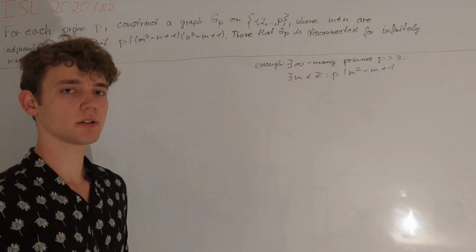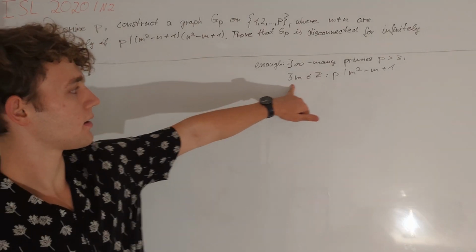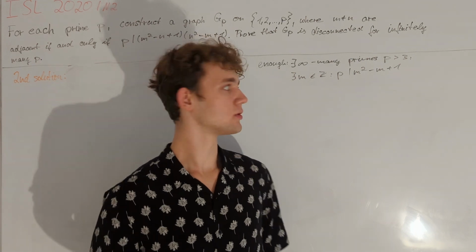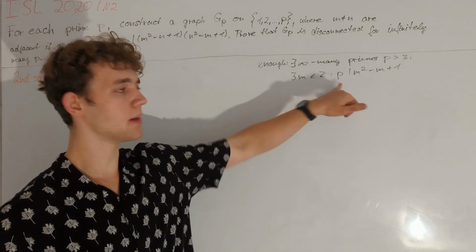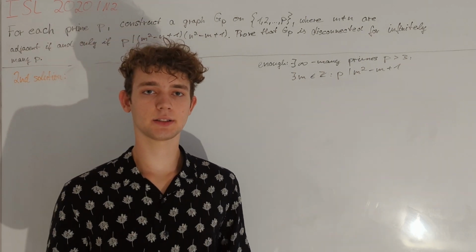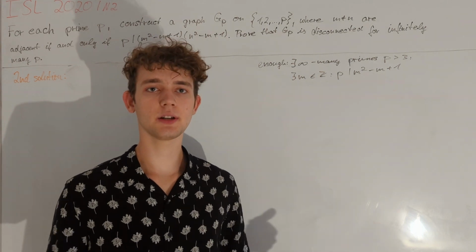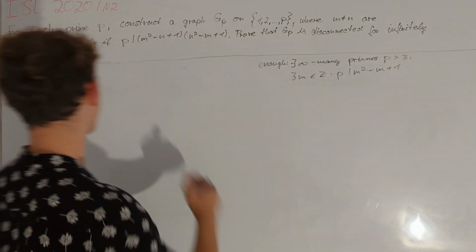Now we'll take a look at the second proof for why this is true. In this situation where we're looking at divisibility by p, it makes a lot of sense to consider our situation in the prime field Fp.